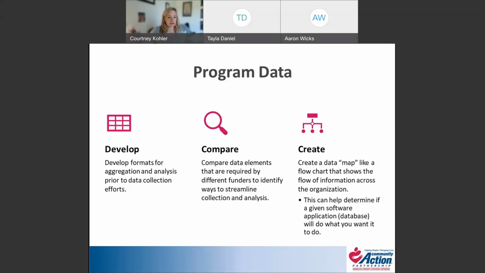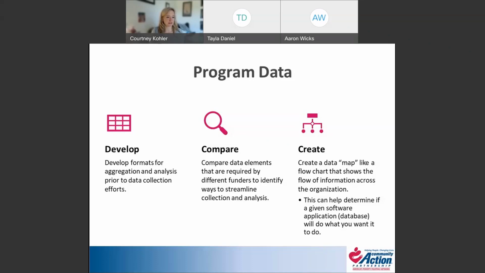So then, thinking about other types of data and what to do with data, there is also program data that we have in our organizations. As we're preparing this data for analysis, it's good to think during the collection phase about what we are really going to be doing with it later, or how it can be useful for us.